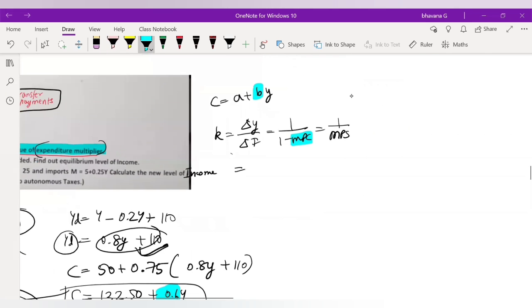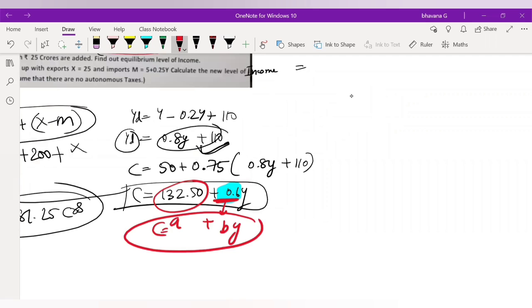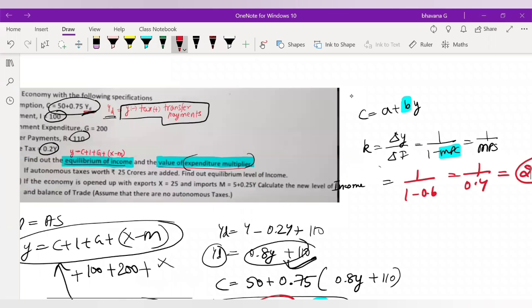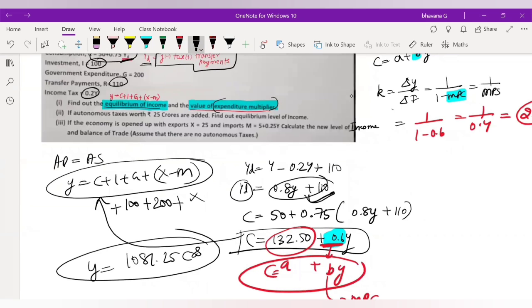C equal to A plus BY, and this B is MPC, which is 0.6. So it will be 1 by 1 minus 0.6, which is 1 divided by 0.4, going to be 2.5. Your expenditure multiplier here is nothing but 2.5. Okay, 1 second, guys.